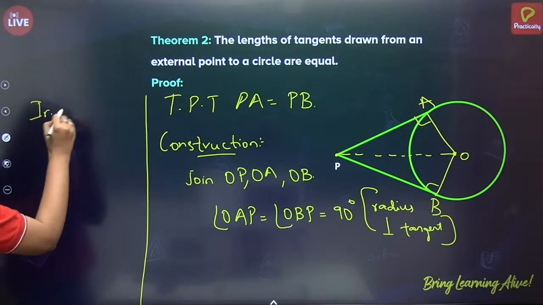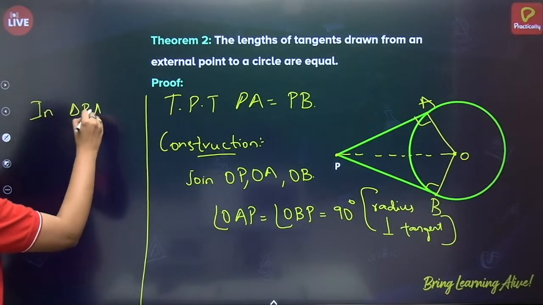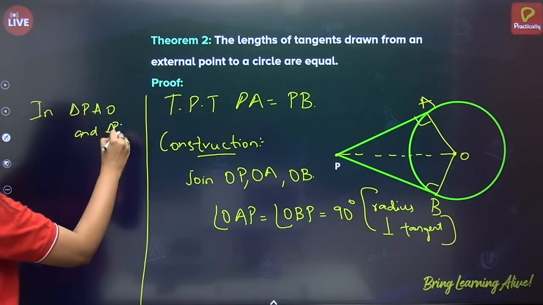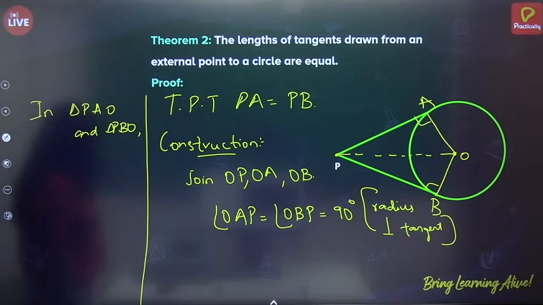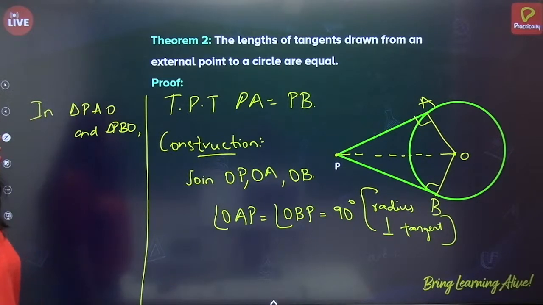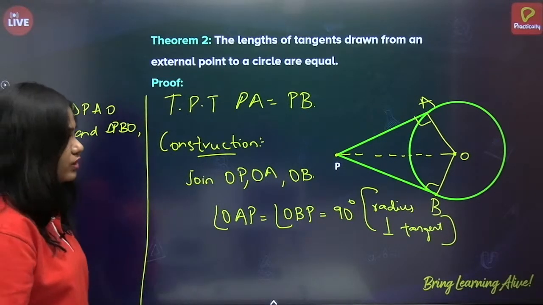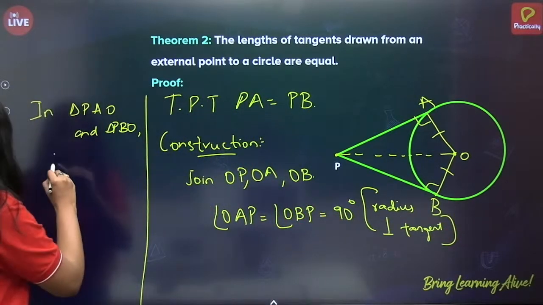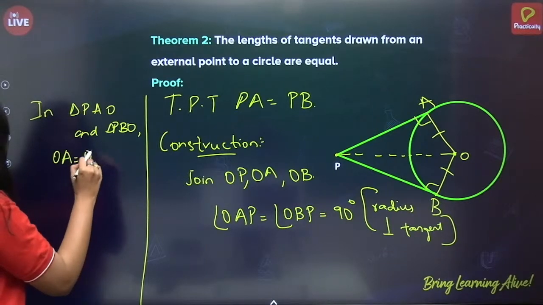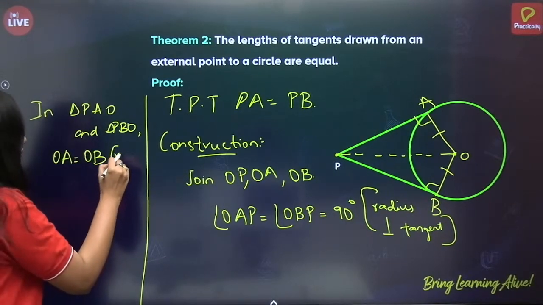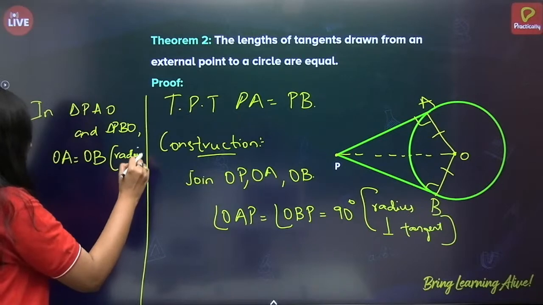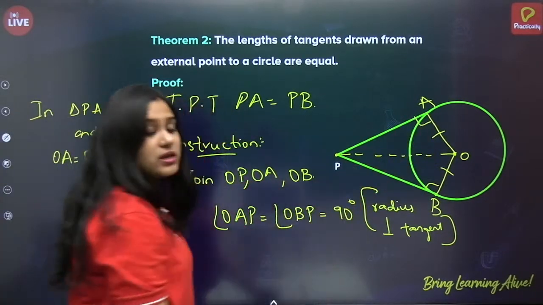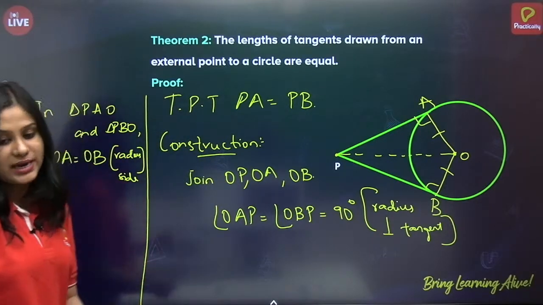Now let us take this circle and show it here only. So in triangle PAO and triangle PBO, what do we know? We know that OA is equal to OB. Why? Radius. This is a side, correct? Next, angle OAP is equal to angle OBP is 90 degrees.